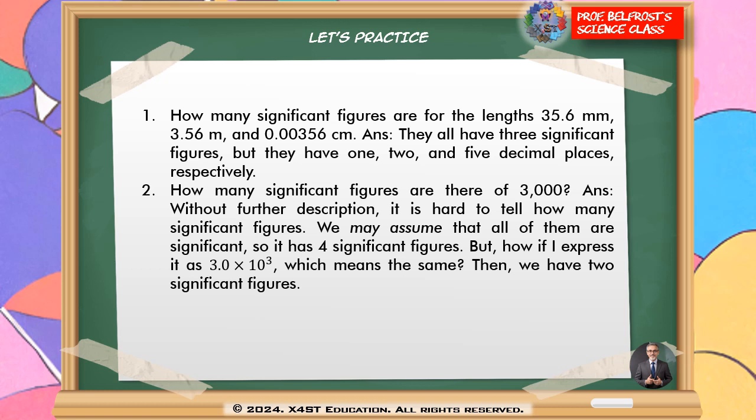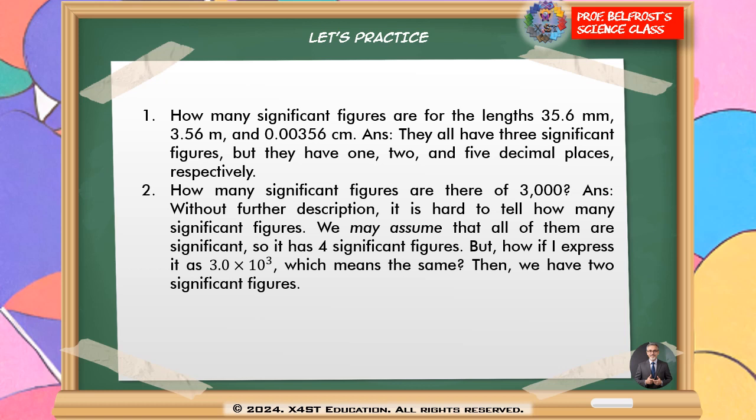The answer is that they all have the same number of significant figures, which is 3, but they have different decimal places. 35.6 millimeter has one decimal place, 3.56 has two decimal places, and 0.00356 has five decimal places. But they all have three significant figures, which are 3, 5, and 6.